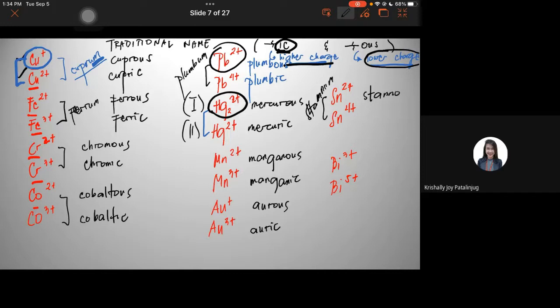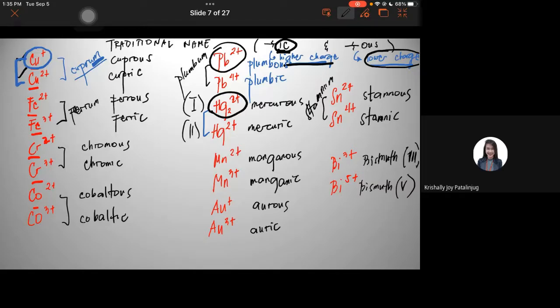For bismuth, we simply use the systematic name: the name of the metal followed by the charge represented using a Roman numeral. So bismuth(III) with Roman numeral 3 enclosed in a parenthesis, and then bismuth(V) with Roman numeral 5 in a parenthesis.